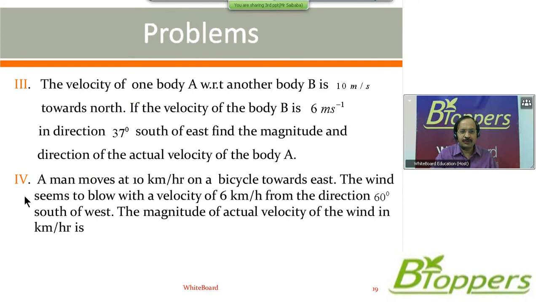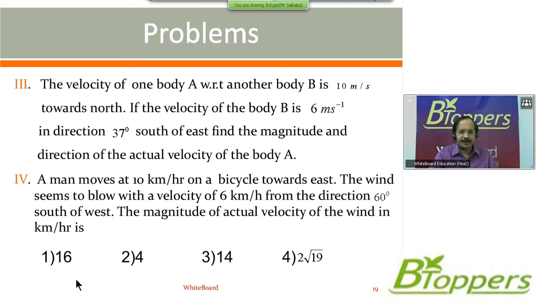The wind seems to blow with a velocity of 6 km per hour from the direction 60 degrees south of west. The magnitude of the actual velocity of the wind in kilometer per hour is.